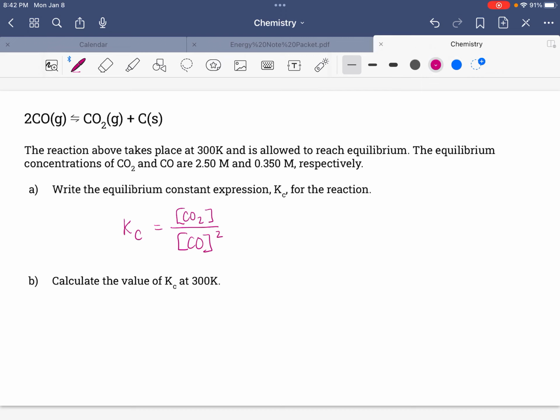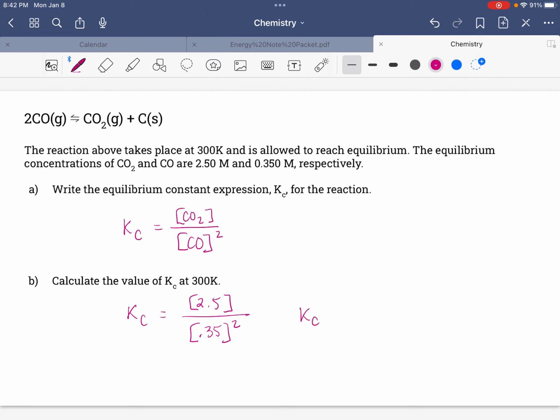For part B, we're going to calculate the value for Kc at 300 Kelvin. They did give us the molarities for each of the species included in the expression, so we just have to plug those in. So Kc is equal to 2.5 divided by 0.35 squared.